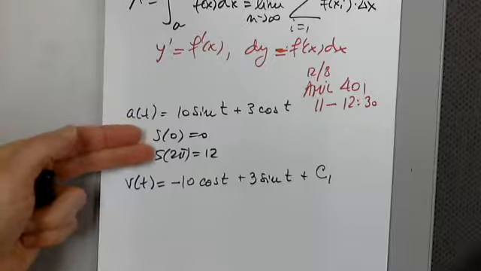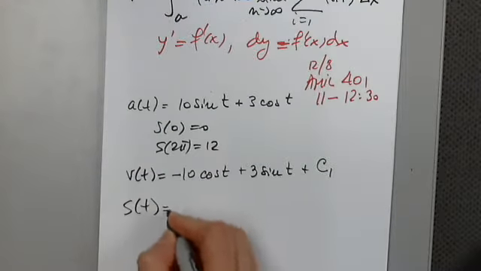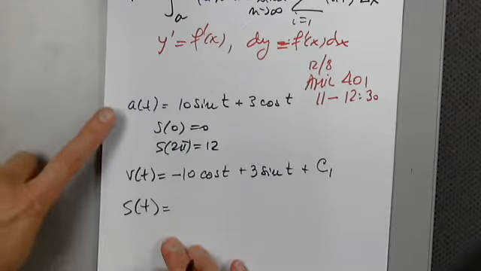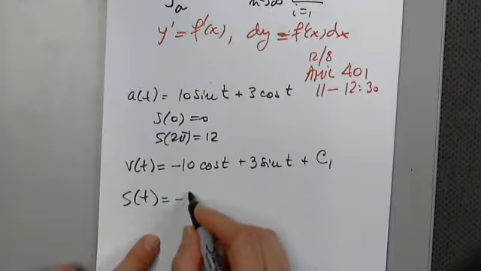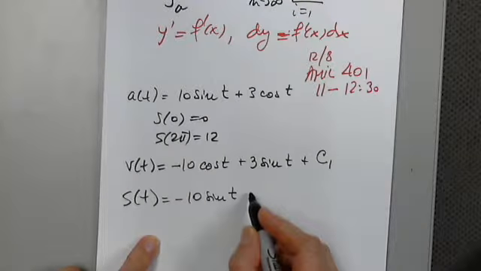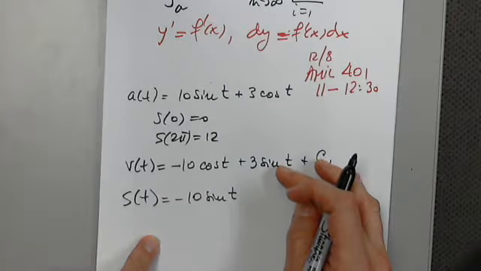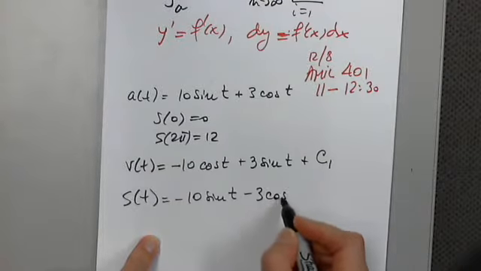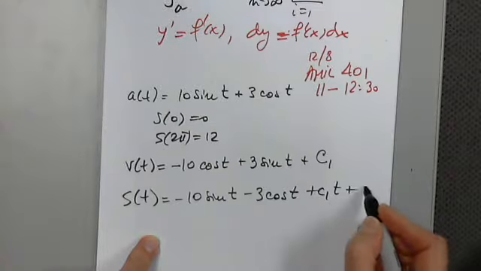I don't have any information about v, so I have to continue. Now I can finally find the function. This was the acceleration, like the second derivative, this is the first derivative, and this is the function. So negative 10 sine t, right? Which function prime is 3 sine t? It's negative 3 cosine t, plus c1t plus c2.